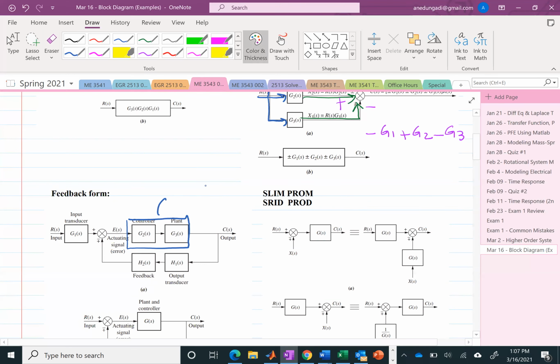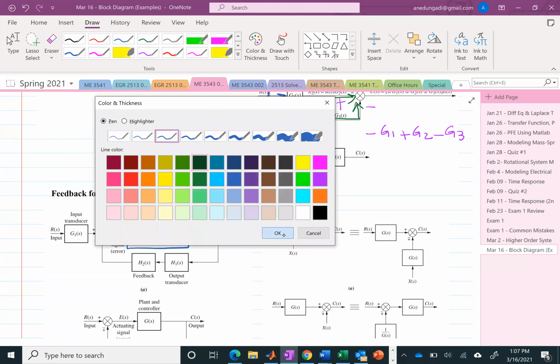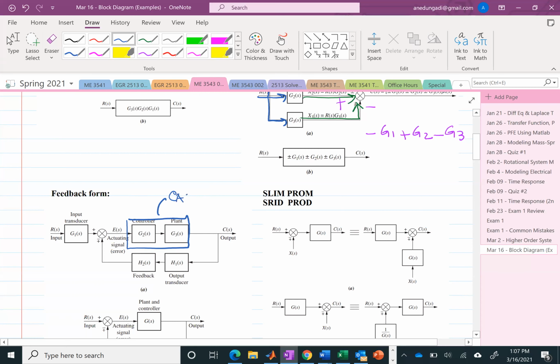It is very important to use the correct term. So cascaded blocks. This is also cascaded blocks. The output of H1 goes into H2 directly without anything coming out. So this is also cascade.